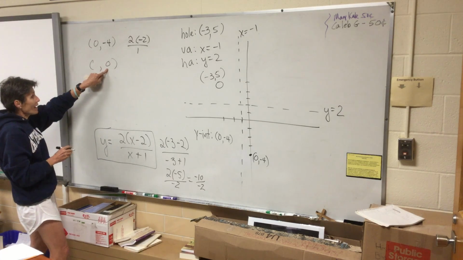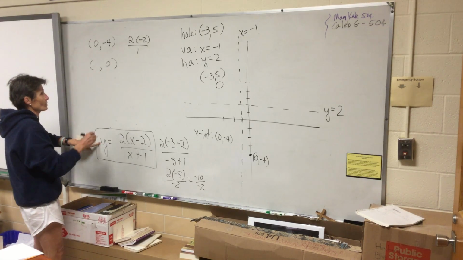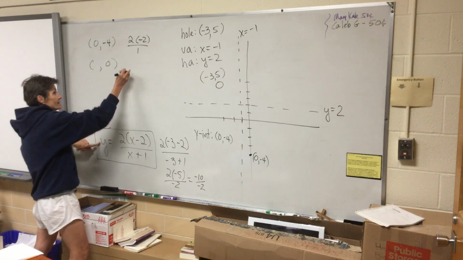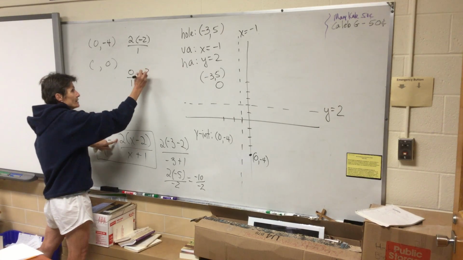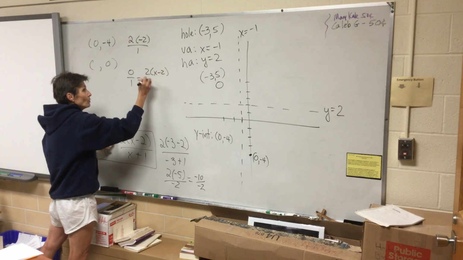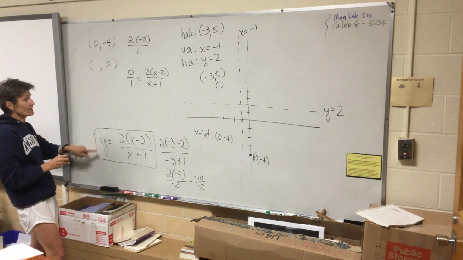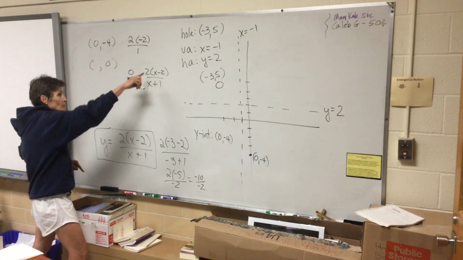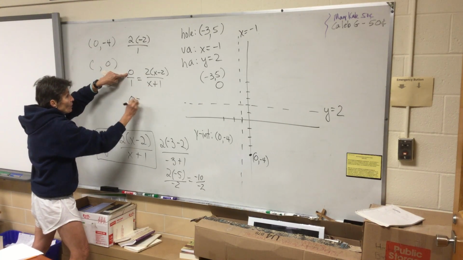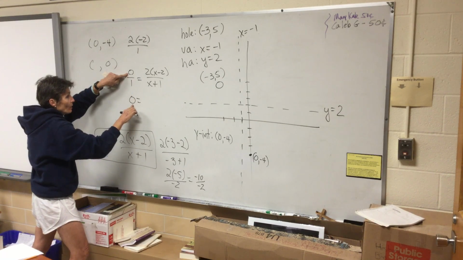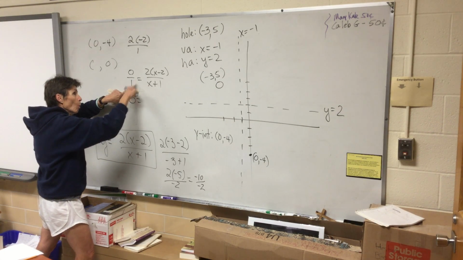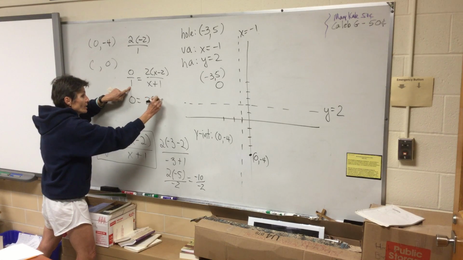Now I'm going to let y be 0. So I have 0 over 1 equals 2x minus 4 over x plus 1. I just put a 0 over 1 in this spot right here, and I cross multiply. So 0 times anything is 0 equals 1 times anything is just itself.